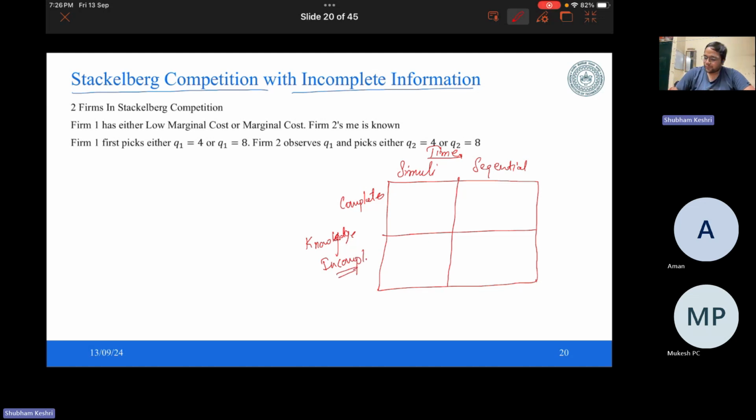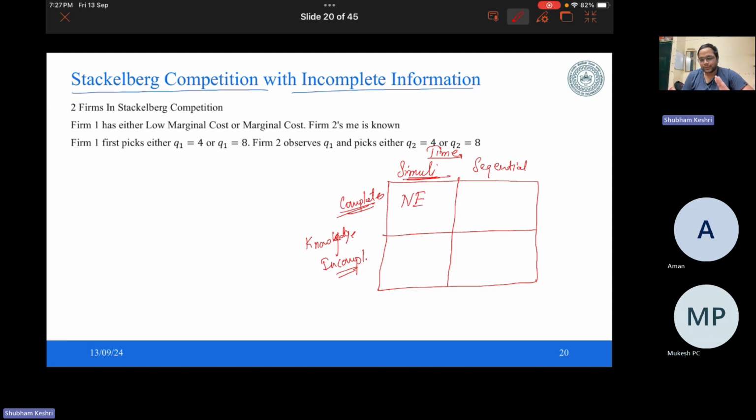All right. So for some of the scenarios, we know the equilibrium concept. When we have complete information and a simultaneous move game, what is the equilibrium concept we have studied? Pure strategy Nash equilibrium. It might not be just pure, you can have mixed strategies as well. So it is just Nash equilibrium, either pure strategy or mixed strategy.